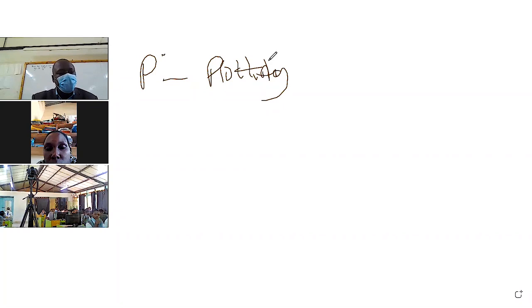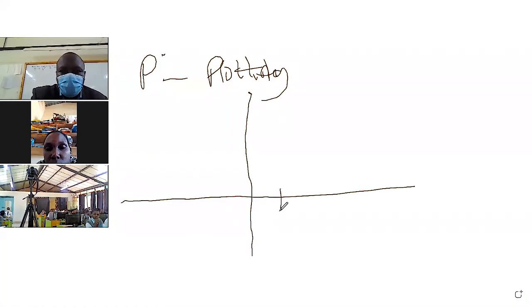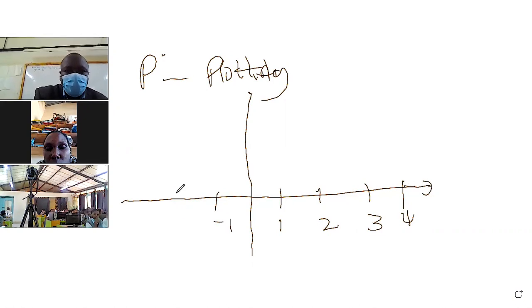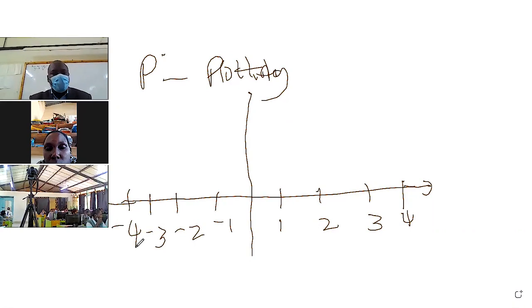Then -3 being plotted against 1.75. So if I sketch it out here, I can use 1, 2, 3, 4, and -1, -2, -3, -4. That is working out with 1 centimeter to 1 unit. And I could also work out the same for the vertical axis, the y-axis.